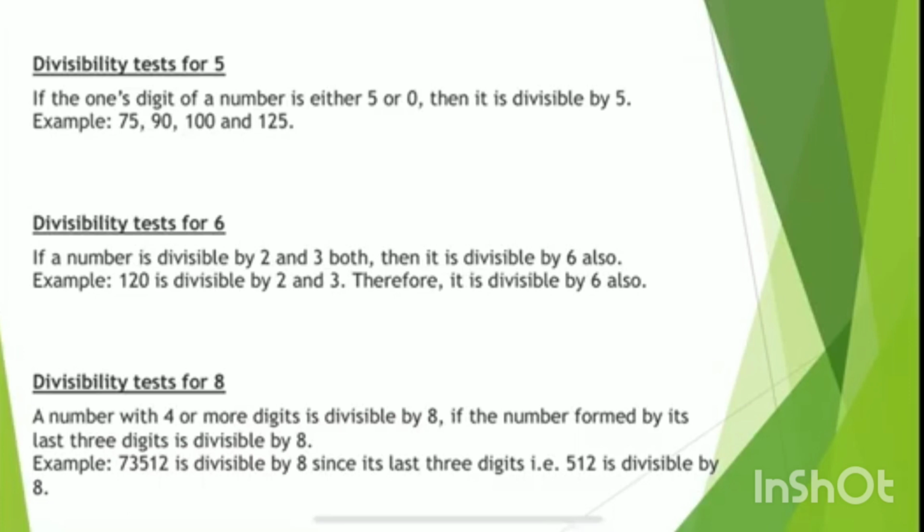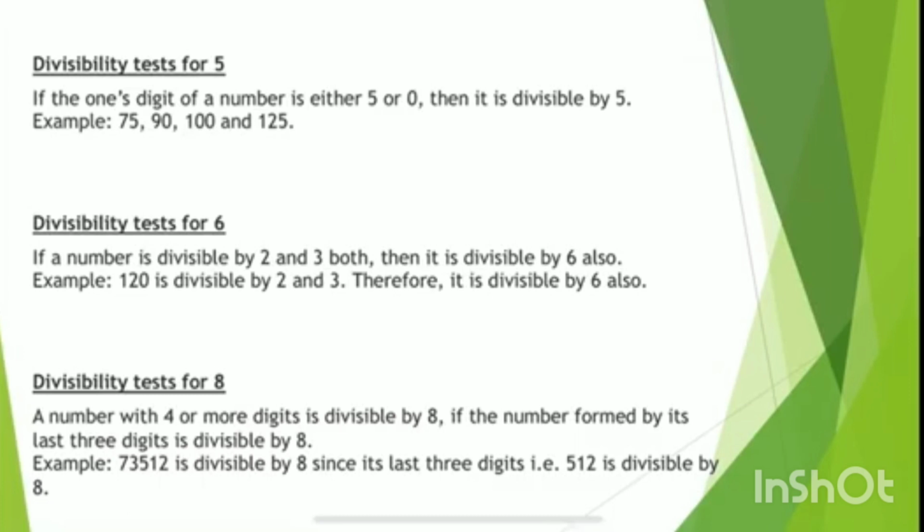Now, let's move towards the divisibility of 6. First we have to check if the number is divisible by both 3 and 2. If any number is divisible by 2 and 3 both, it must be divisible by 6.